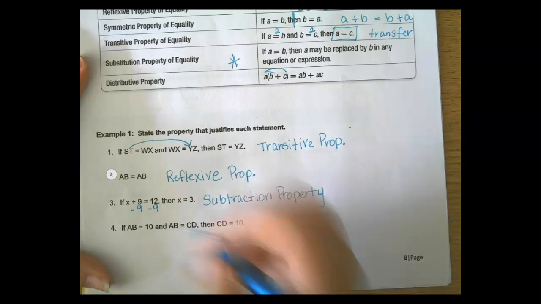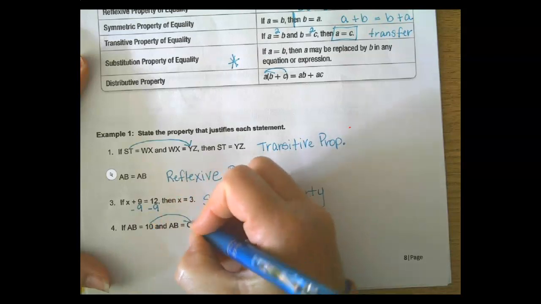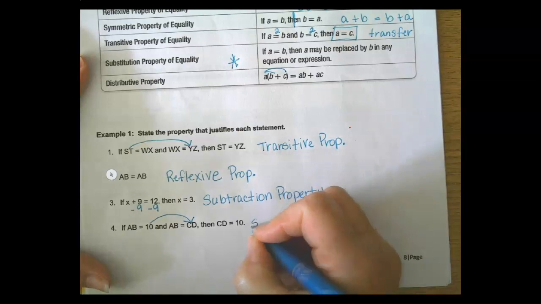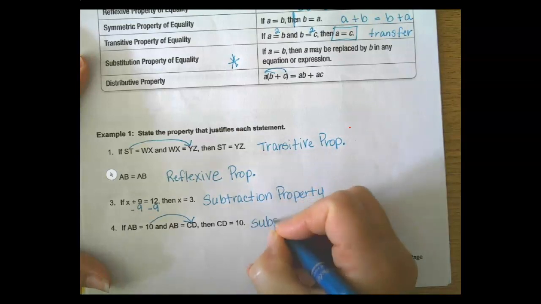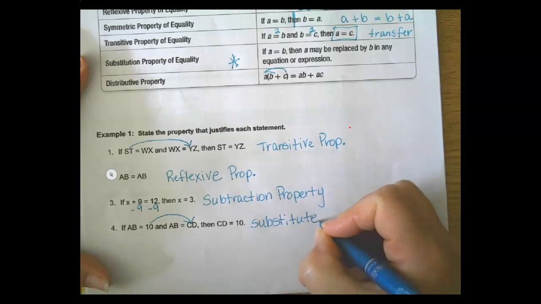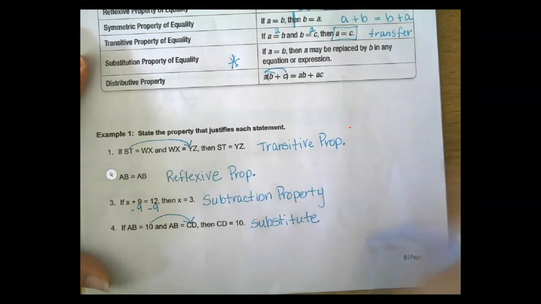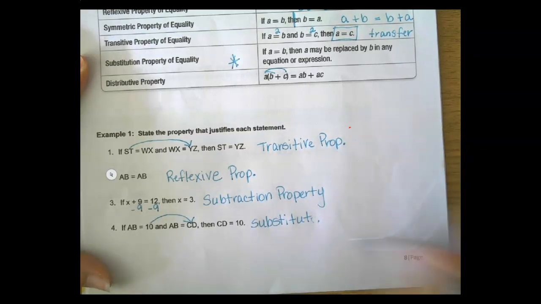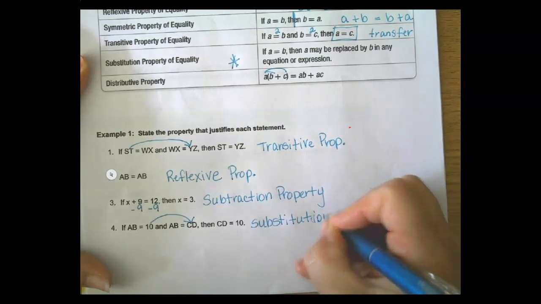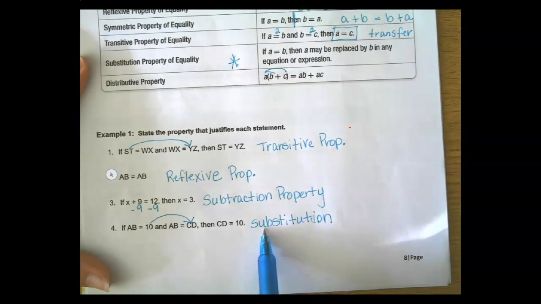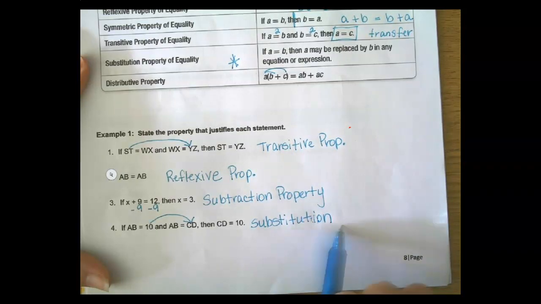Therefore, CD equals 10. Now, you might want to think that's transitive. But this is where you're substituting in. Substitution. And I'm not for sure if Alex calls this something else, so I'll have to go back to that when we look on Alex, but it's the same idea.